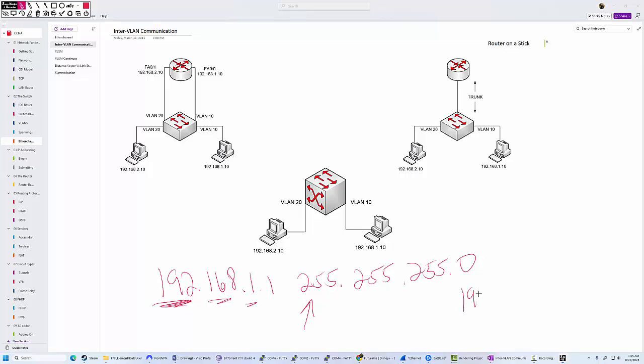So 192.168.1.2 will be able to communicate. Now, here's the thing. What if I made it a 2.2? Because this subnet mask dictates that the third octet needs to be the same.